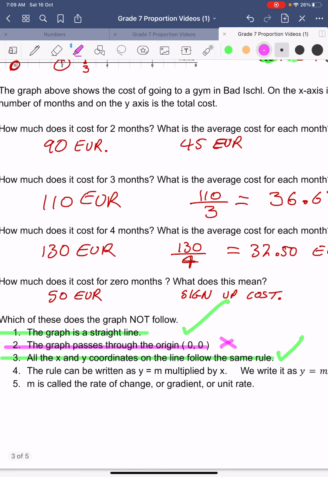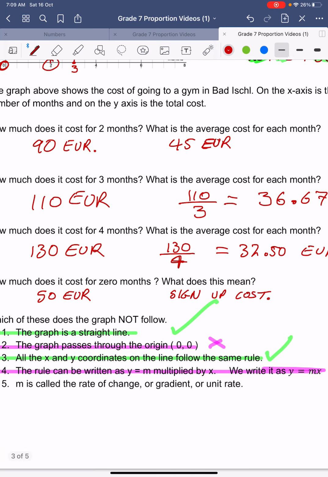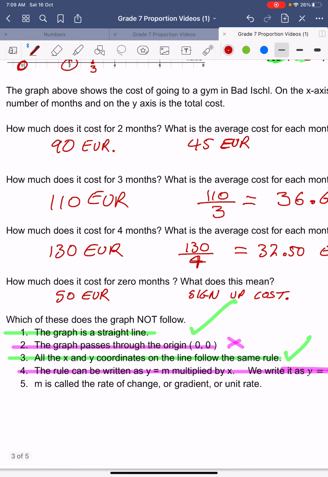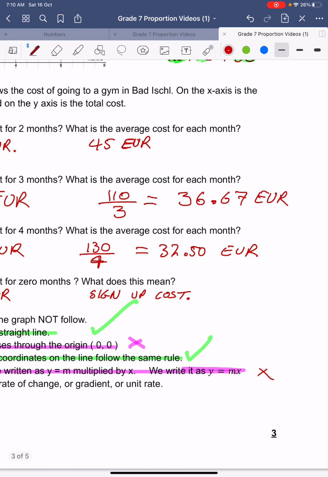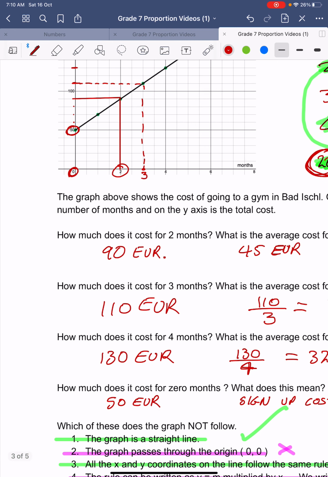But you can see that the rule cannot be written as m multiplied by x. It's actually mx plus an extra number. Okay, and then the last thing, m is called the rate of change or gradient or unit rate. Well, actually, if you think about it, the 20 here is multiplying the x variable, and so this 20 does actually work out to be the rate or the gradient.